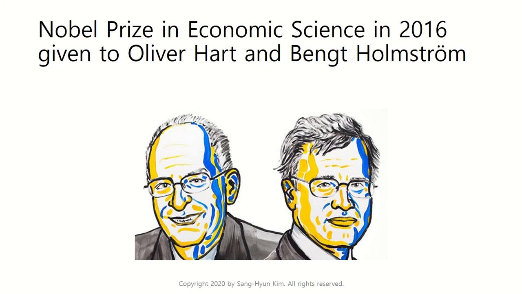Okay, so that's about the course, and I'm going to explain what this contract theory is about. So in 2016, the Nobel Prize in Economic Science was given to these two guys, Oliver Hart and Bengt Holmström, for their pioneering contribution to contract theory.